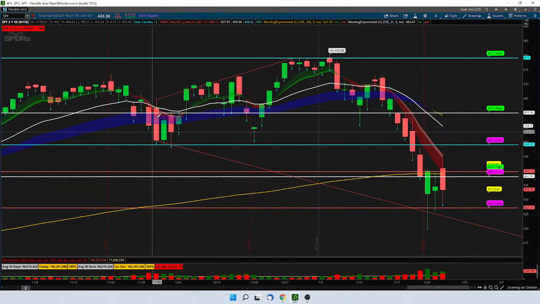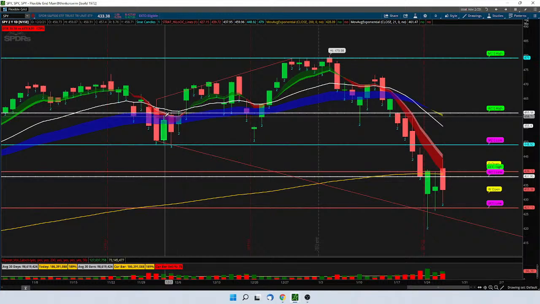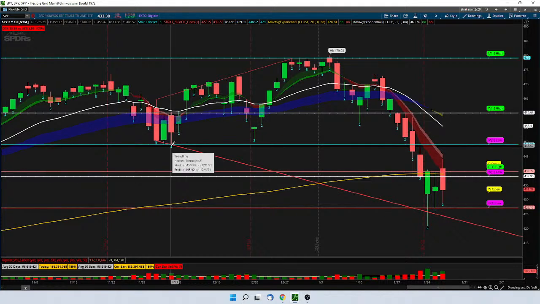So ignore the 1-3 strategy. Because here, guys, you had a 3-1-2. This would have gone 3-1-2 to the downside.